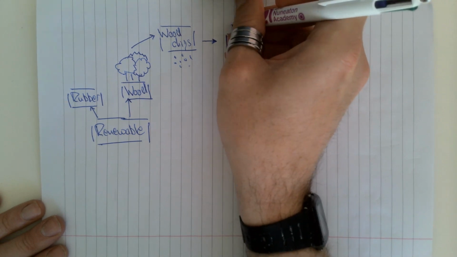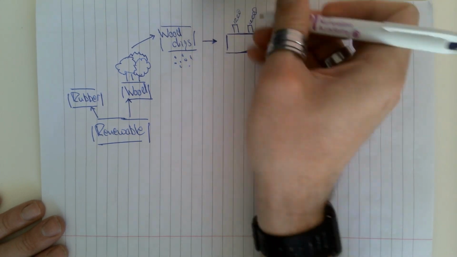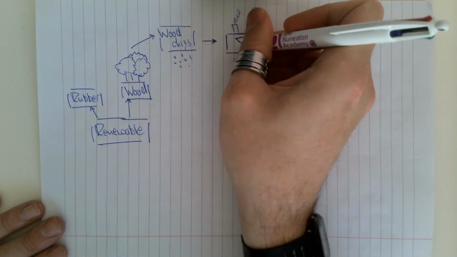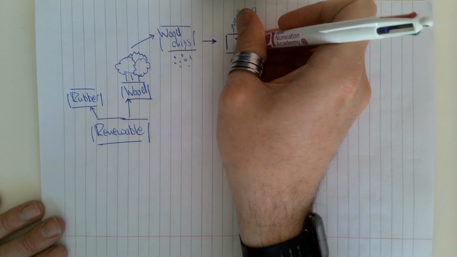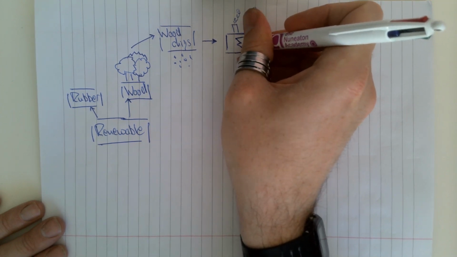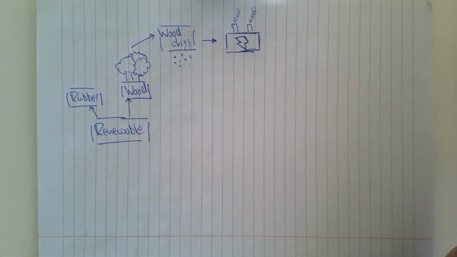It can be done in power stations. So if we just draw ourselves a little power station here just to represent the fact that we can use wood chips for such purpose. Nice and simple like that.